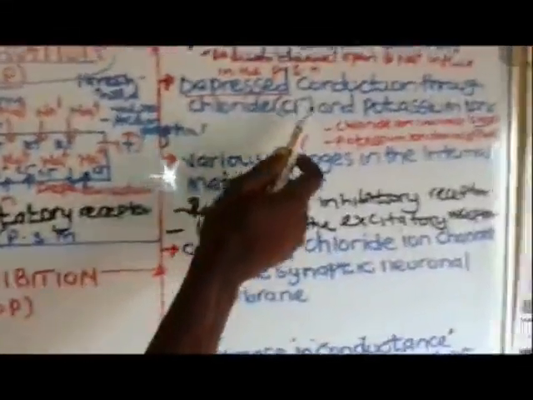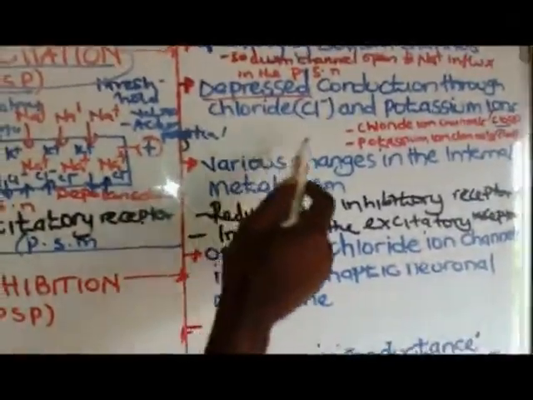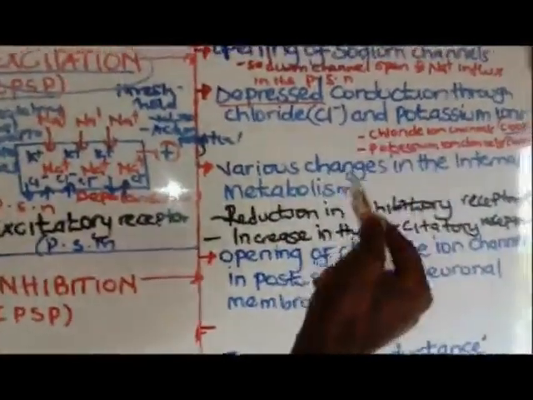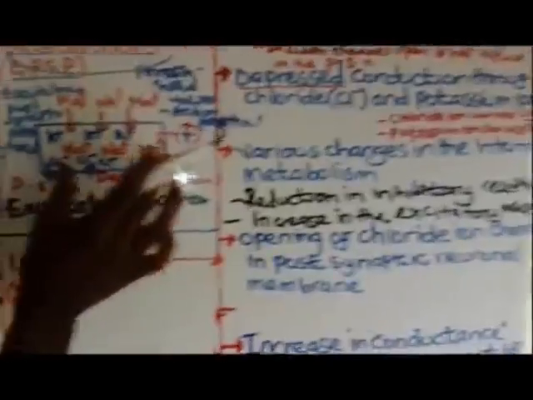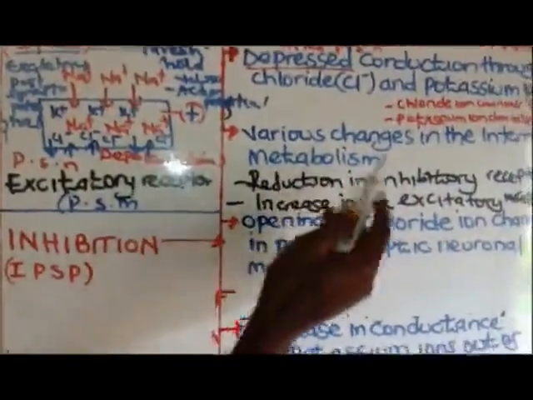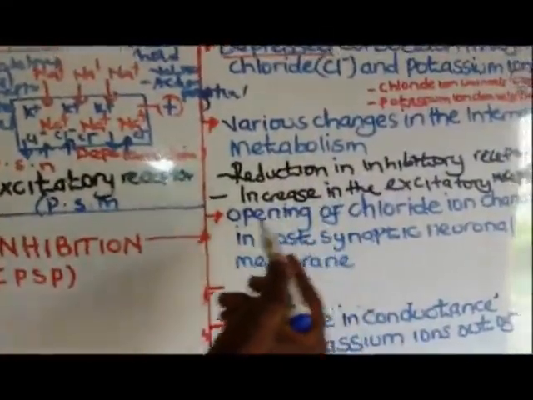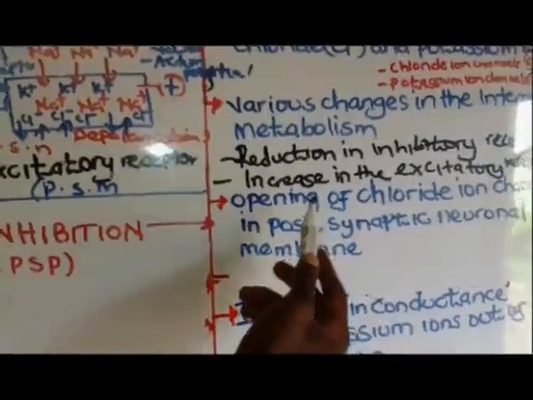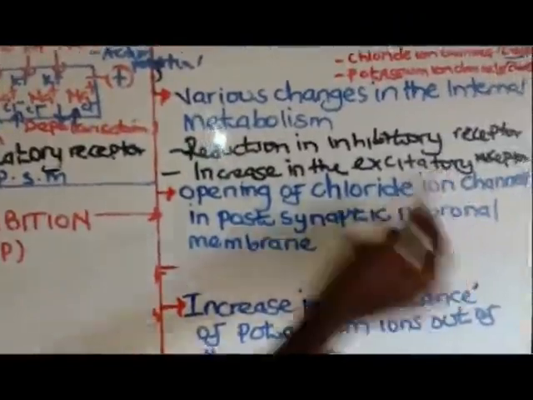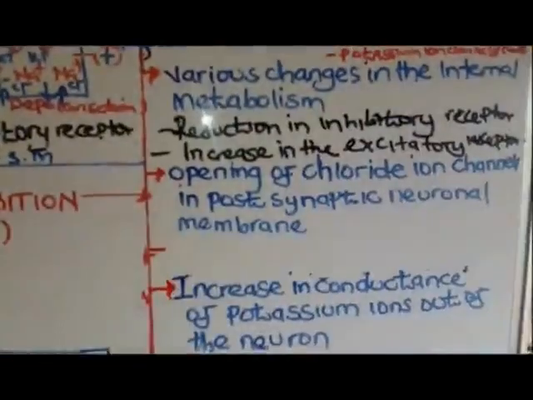Two, when there is a depressed conduction, that is by not allowing chloride ions inside and not allowing potassium ions outside, to increase the magnitude of the positive charge inside. And three, there are changes in the metabolism inside the postsynaptic neuron. These changes result in a reduction in the inhibitory receptors, and at the same time an increase in the excitatory receptors.